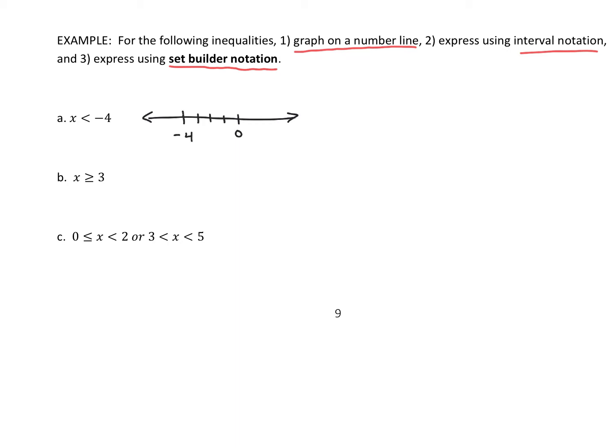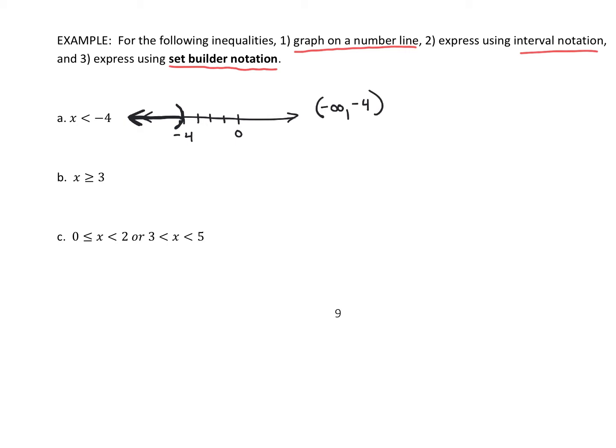So I want all of the values less than negative 4. So I'm going to put a parenthesis here and shade that way. Now when I read this, I read from left to right, and I'm going to call this negative infinity up to negative 4. That would be the interval notation.